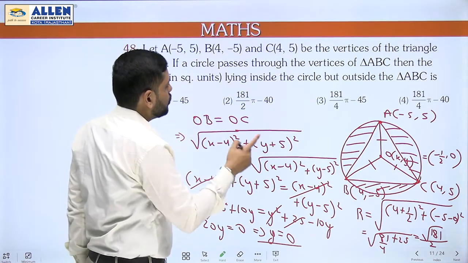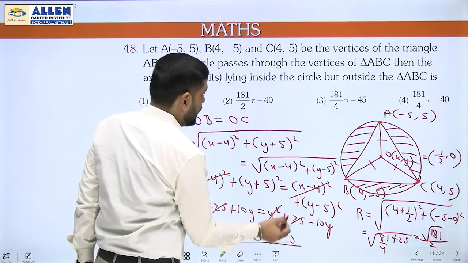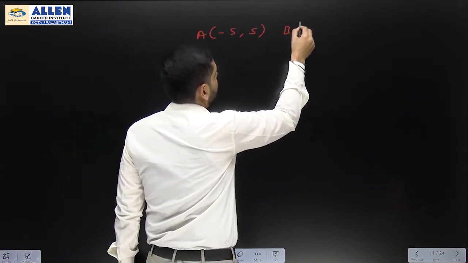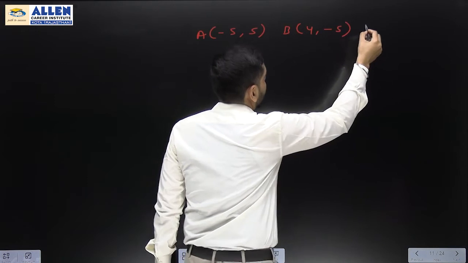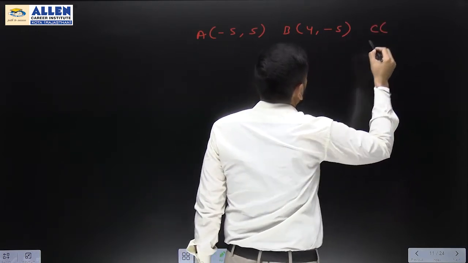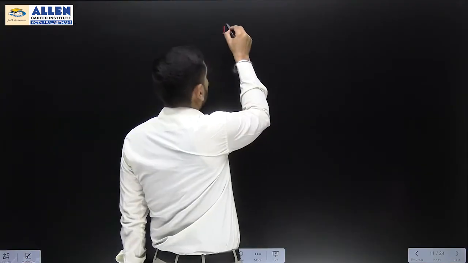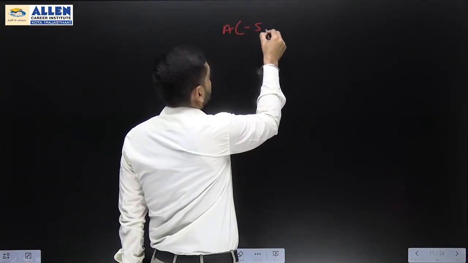So again, A will be (-5, 5), B will be (4, -5), and C will be (4, 5).